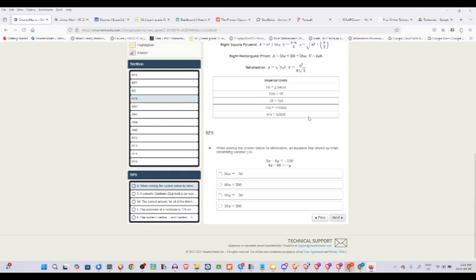We are now into our systems of equations. So in solving the system below by elimination, an equation that shows up when eliminating y. Now notice the two y's are on 2 different sides of the equation. So we have to bring this y across. We'd have a positive y. Now to eliminate y, we'd have to multiply both sides by 6.